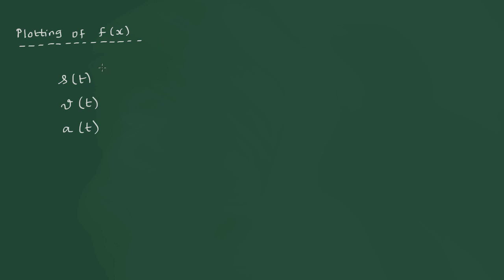So in any of these cases, whether it is s of t or v of t or a of t, it can be s, it can be v, or it can be a. It can be anything. Mathematically we say that these are functions f, and then there is an independent variable, time. So this t is represented by x here.